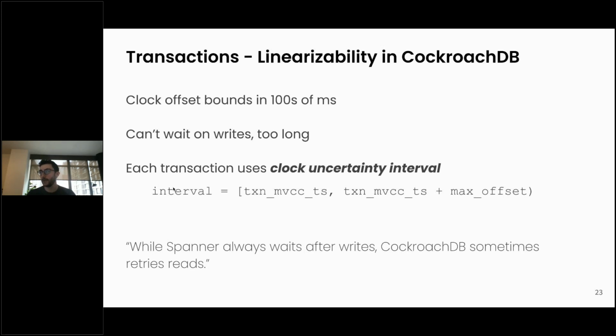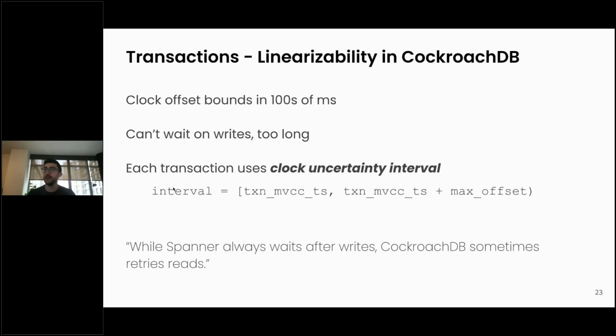But if a transaction does observe a potentially uncertain value in its uncertainty interval, it will try to change its commit timestamp to allow it to observe that uncertain value. And there are times when this leads to transaction retries.